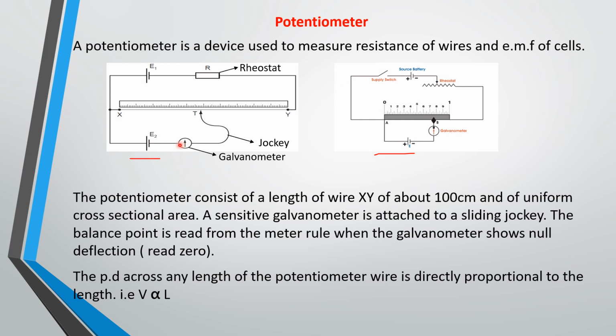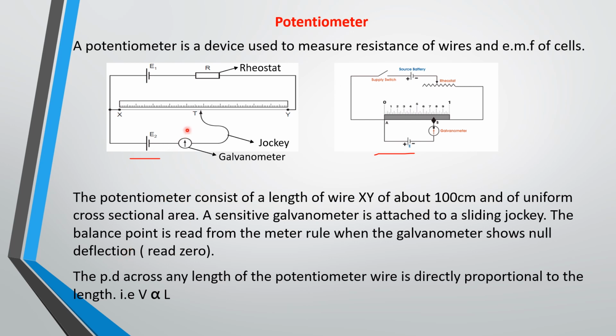The balance point is read from the meter rule when the galvanometer shows null deflection. Null deflection means zero deflection.